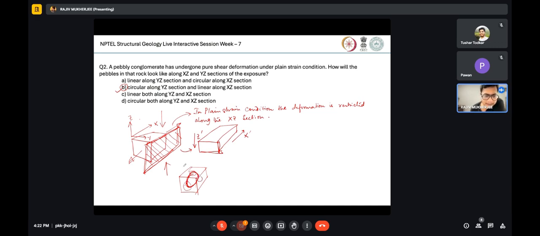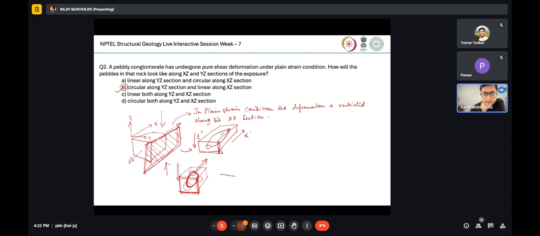But now what is happening? I am restricting the deformation along the yz plane, and I am extending the ellipse in this direction, right? And I am shortening it along this direction. So what will happen? It will eventually turn like this.